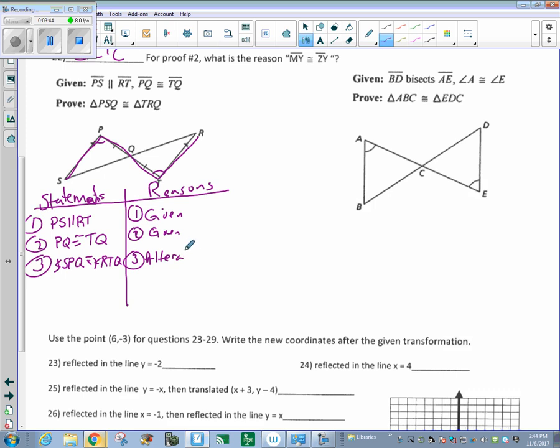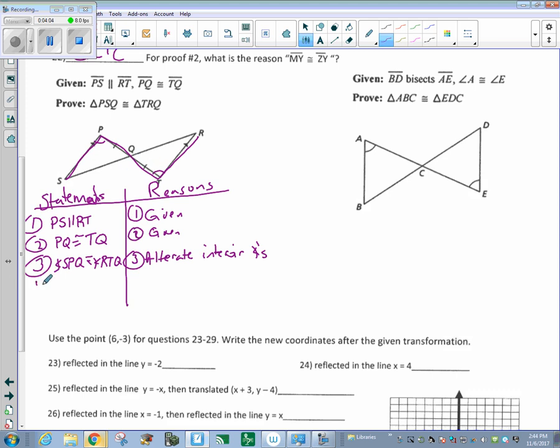Now, this is not the only pair of angles that are congruent by alternate interior angles. You could prove S and R congruent, and then if I said S and R by alternate interior angles, then this would be angle side from our reason.